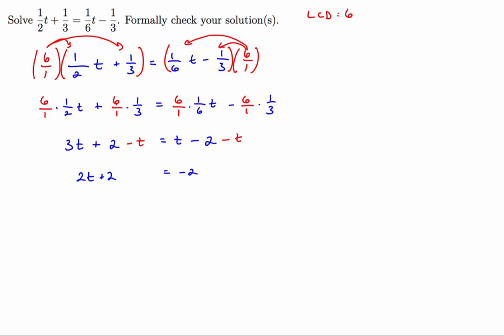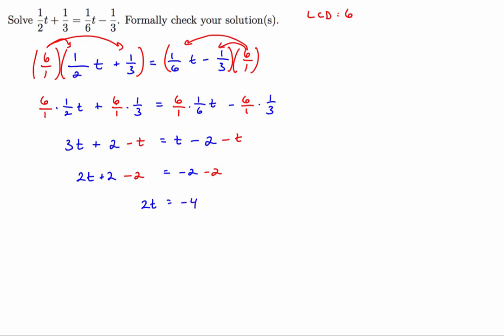Now turning my attention to the left side of the equation, I have 2t plus 2. I need to remove that plus 2, so I need to subtract 2, but I need to subtract 2 from both sides of the equation. On the left side, 2t plus 2 minus 2 is reduced down to 2t. On the right side, negative 2 minus 2 is negative 4.